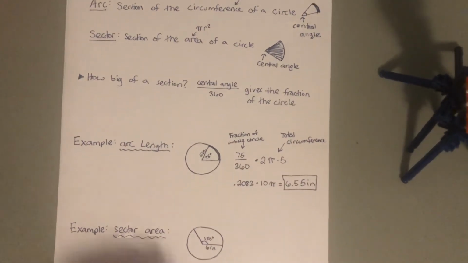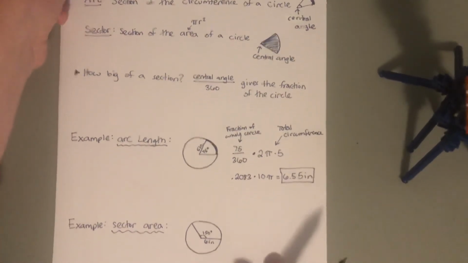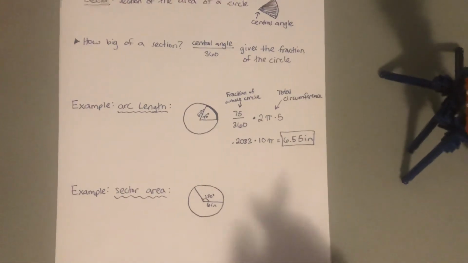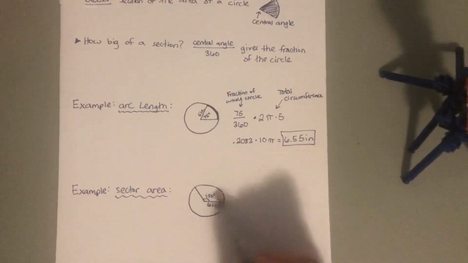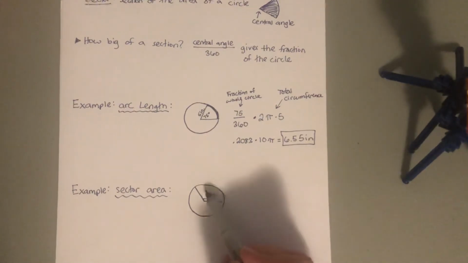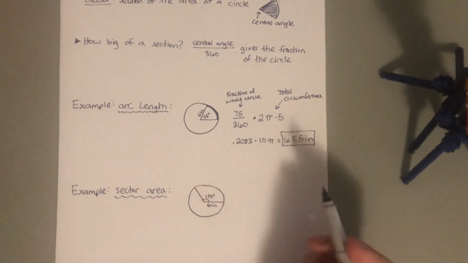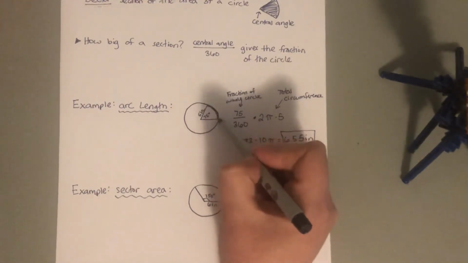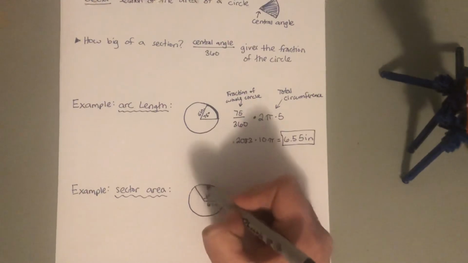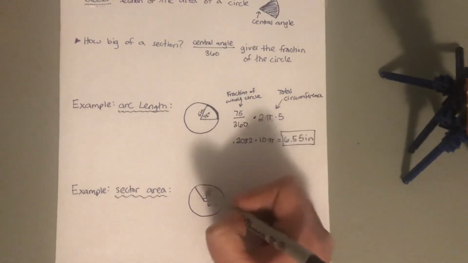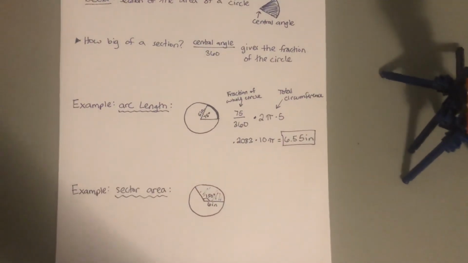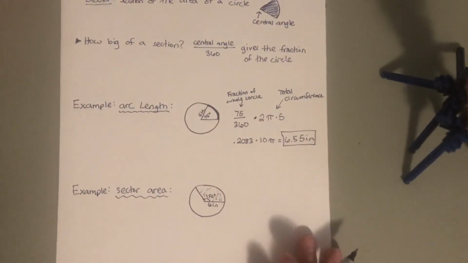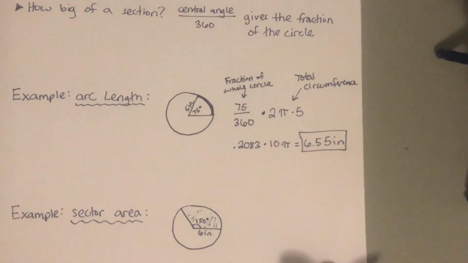Now let's do the same thing, but now we're talking about a sector of the circle. So this is more like area. The idea is the same though. We would find the area of the entire circle and then multiply it by the fraction we're looking for. Remember, arcs are just this little length on the outside here. Area is going to be talking about all of this area in here. Let me zoom in a little bit so you can see this better.